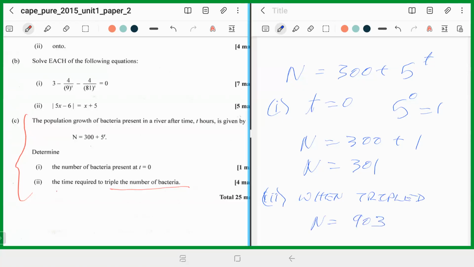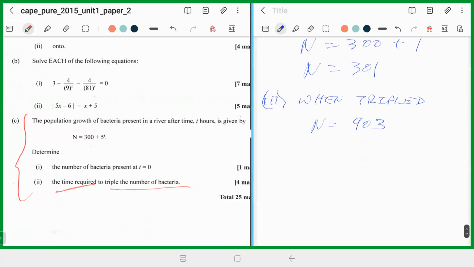You're trying to find t when N equals 903. So the equation becomes 903 equals 300 plus 5 to the t. Subtract the 300 over here, so you get 603 equals 5 to the t. What would we do after that to find t?